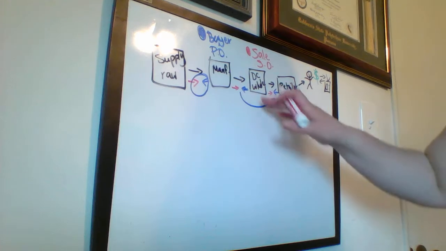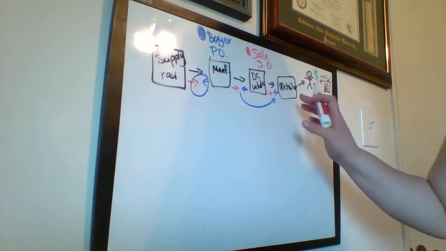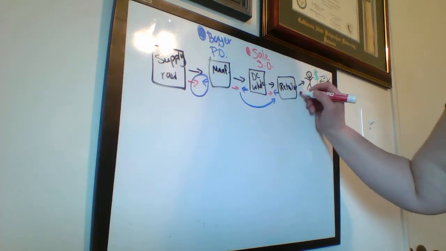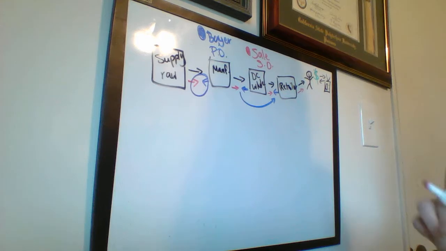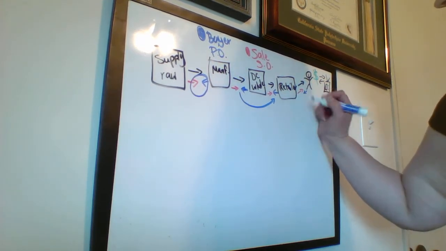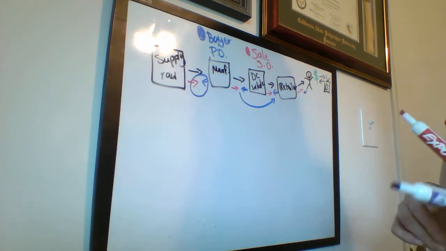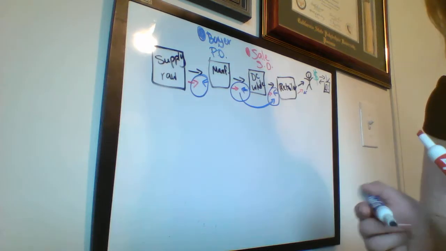The DC warehouse also offers another buying and selling opportunity. The retailer has its own sales associates who sell directly to the customer, and the customer, in this case, issues a purchase as their own buyer.